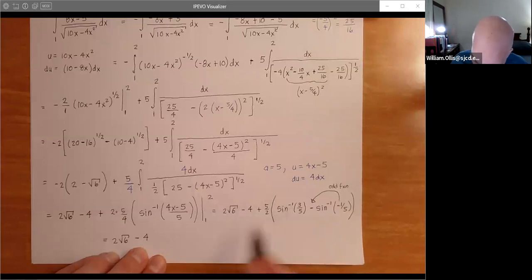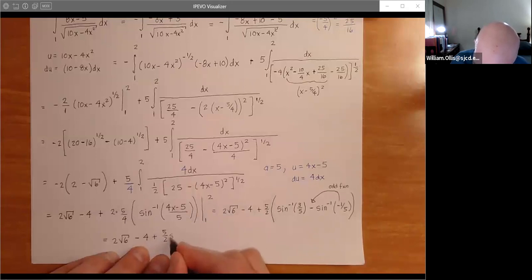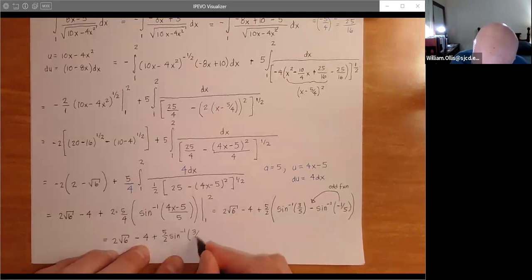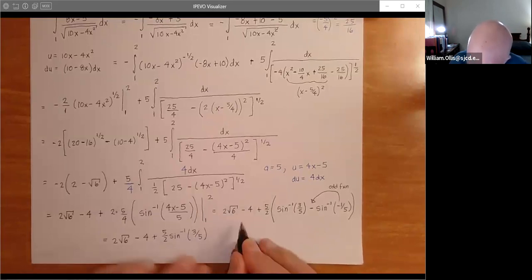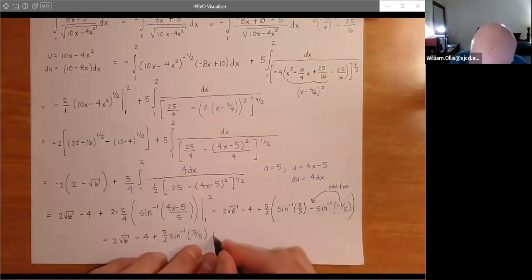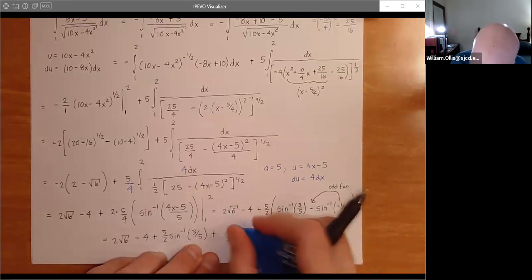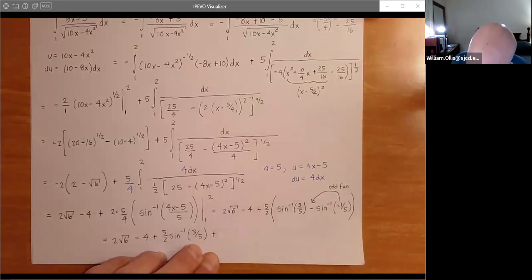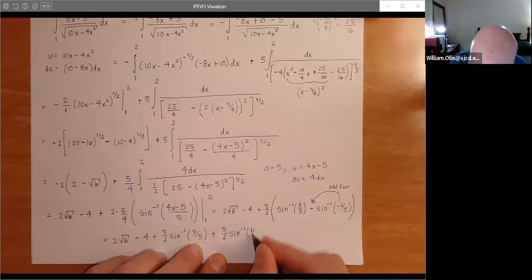And then as we look here, we'll have minus 4 plus 5/2 inverse sine of 3/5. Now minus minus plus, oh, of course, that 5/2 comes around to distribute. We don't want to leave out the 5/2. It's very important. Inverse sine of 1/5.